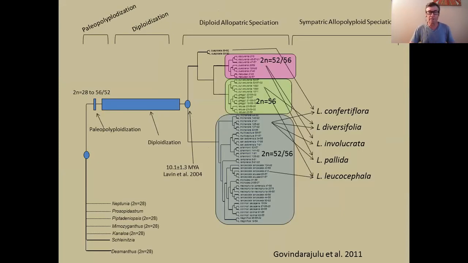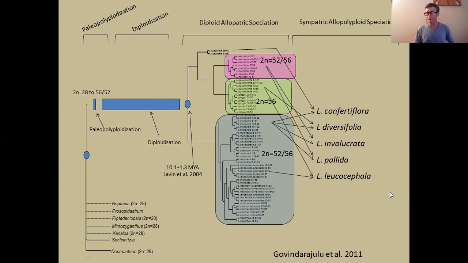Our current understanding, or the present published understanding at least, of the diversification of this lineage in the genus Lucena comes from my lab in 2011, where we hypothesized that there was a polyploidization event along the stem lineage, then extensive diploidization, leading to what might be referred to as a diploid radiation, that we inferred was largely allopatric in its origin, but that some of these lineages then came back together to form a series of tetraploids, all of which were allopolyploids.